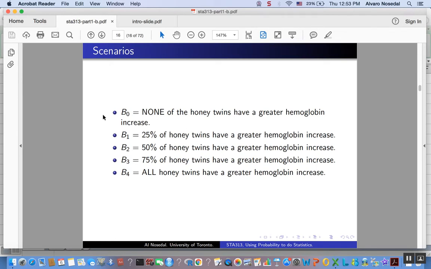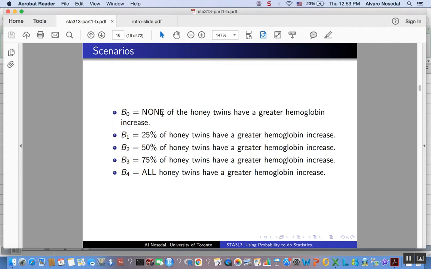And in that case, what we have done thus far with this data set to analyze it is we considered 5 different scenarios.